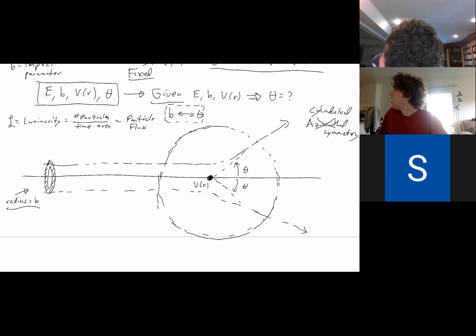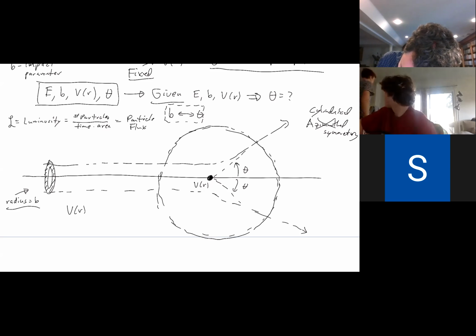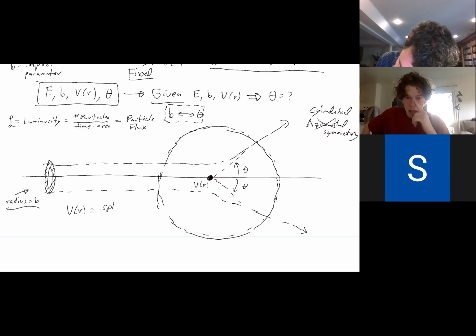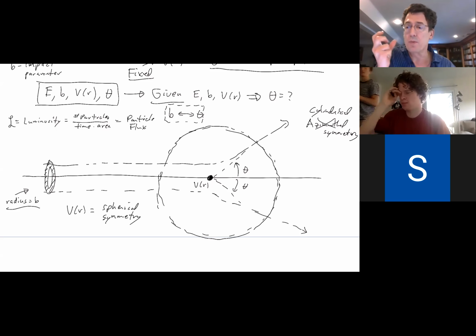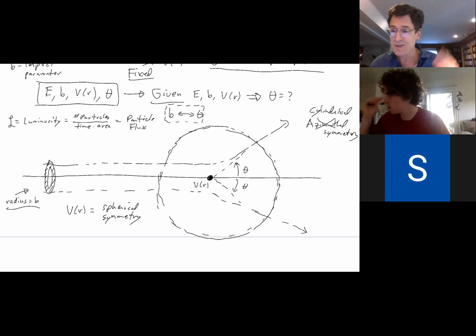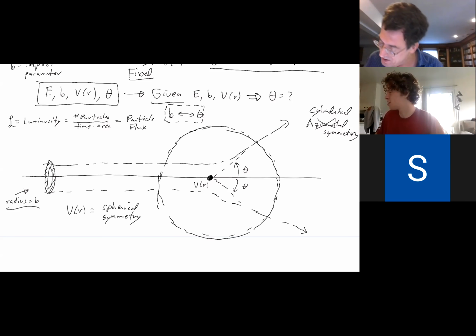And the spherical symmetry really is coming from the potential. So let's assume that V of R has spherical symmetry, and that's usually the case. It depends on radius, not angle.